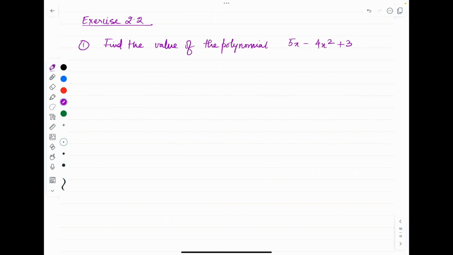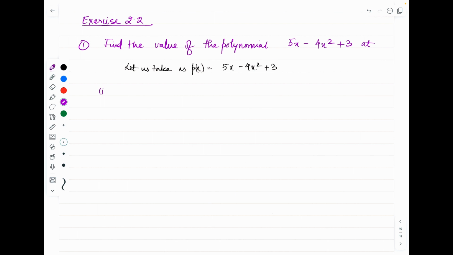Before writing the value, let us take p of x equals to 5x minus 4x square plus 3. Like this, I will be denoting the polynomial with p of x.